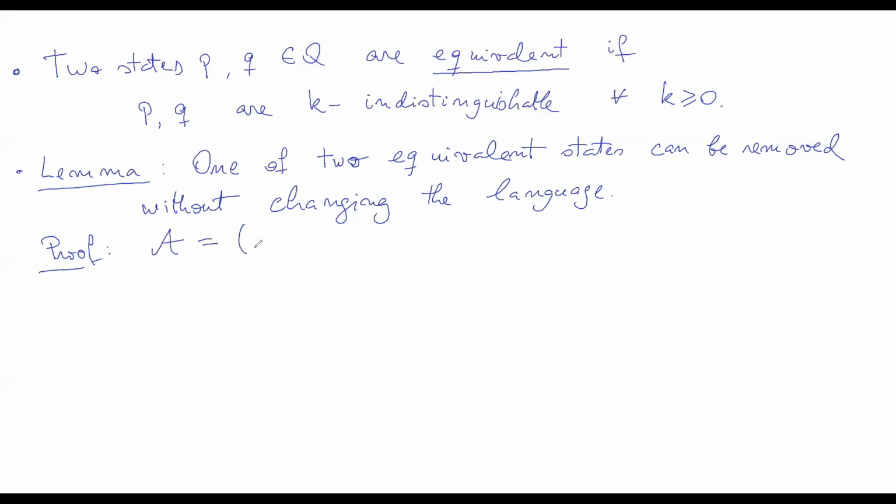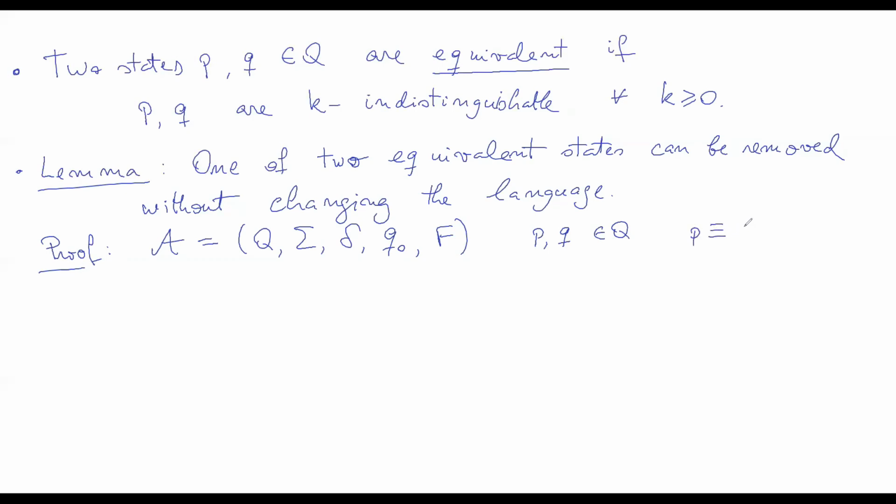So again, I have an automaton made of these states, input alphabet, transition function, initial state, and final states, and we have P and Q, 2 states. And they are, as a matter of fact, they are equivalent. So I'm just going to write this.